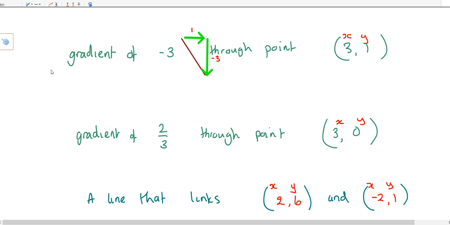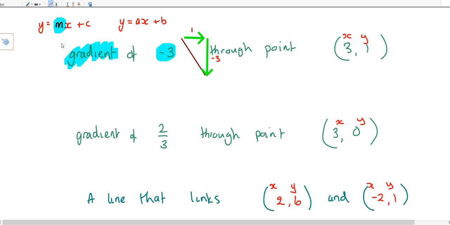But anyway, what's the equation? So every straight line, and I've been told this is a linear function, it's a straight line, has a general form y equals mx plus c. Could use any letters. I've seen ax plus b as well used. Doesn't matter. What we do know is that this m is the gradient.